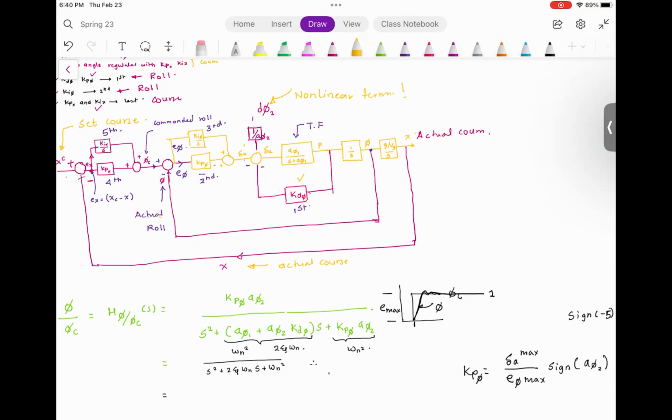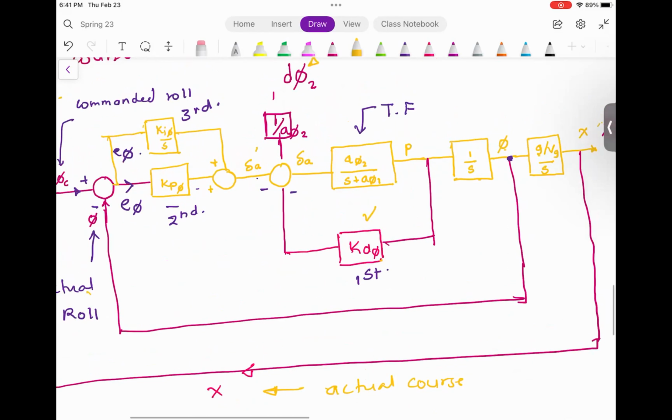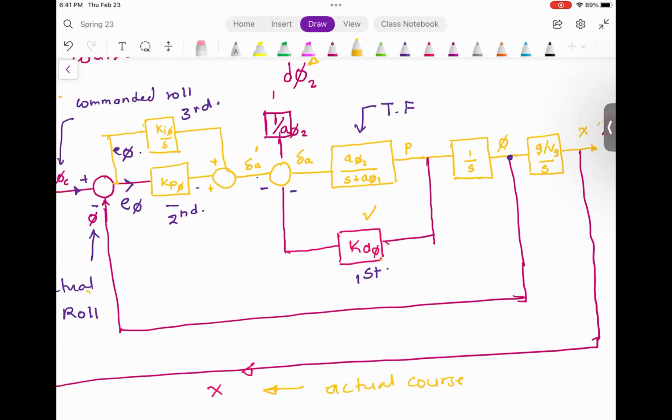And now what that means in actual practice, that's why you have something I didn't mention earlier. You have delta A prime and you have delta A. So I want you to think about it this way: you have an external disturbance, which is because of the nonlinear effect coming in, and the difference between delta A prime and delta A is actually cancelling the external nonlinear disturbance.